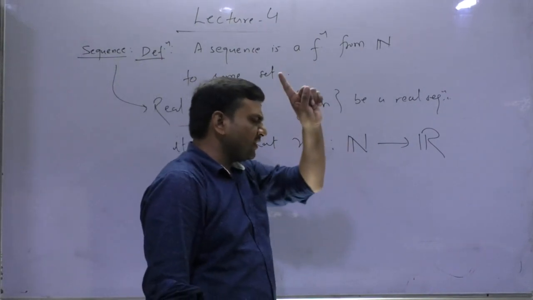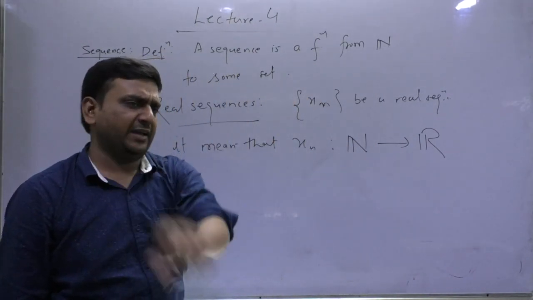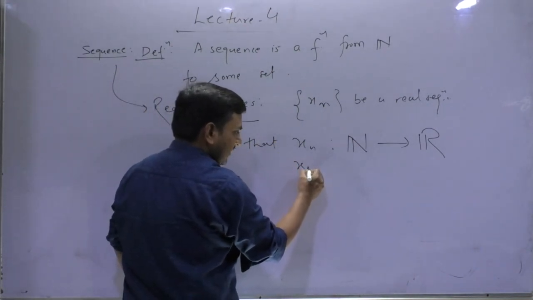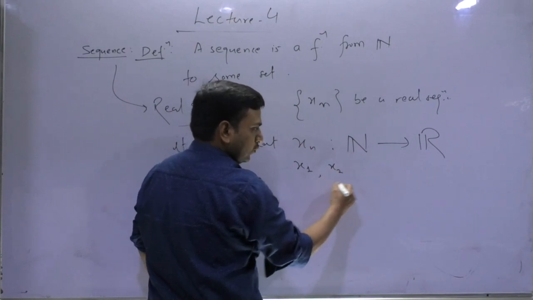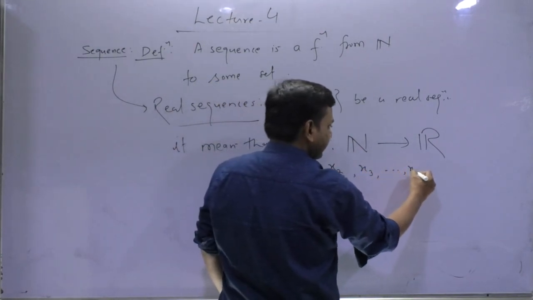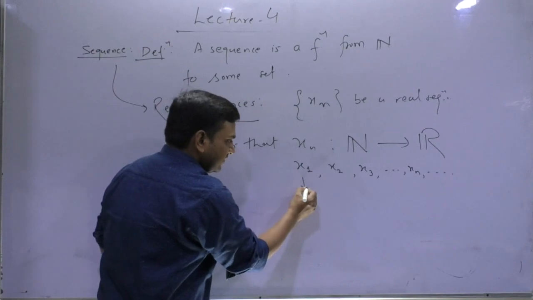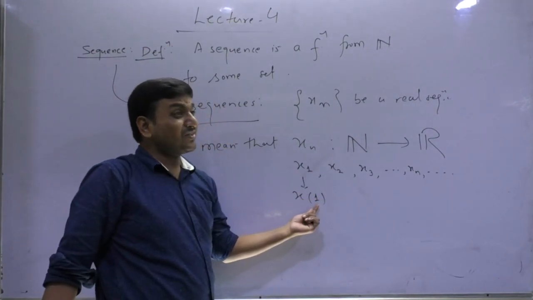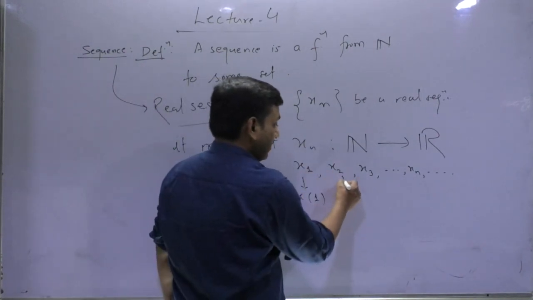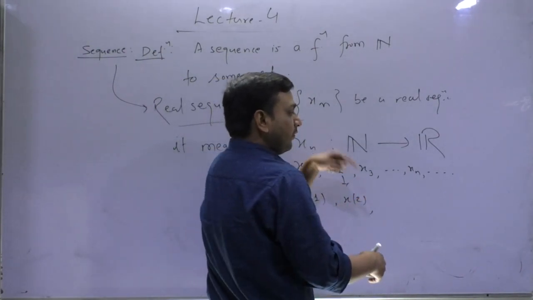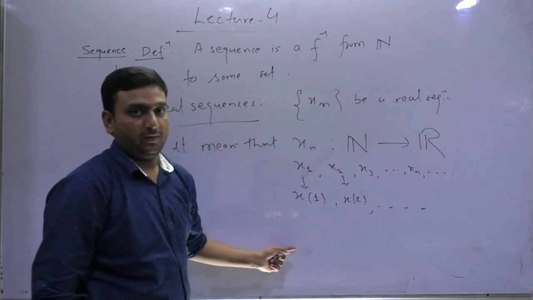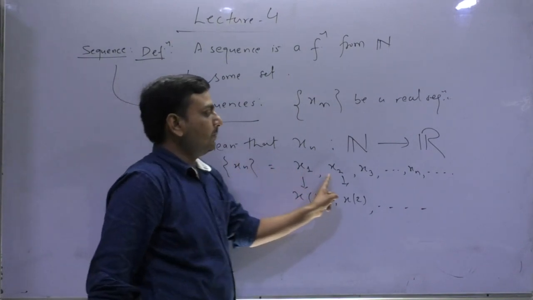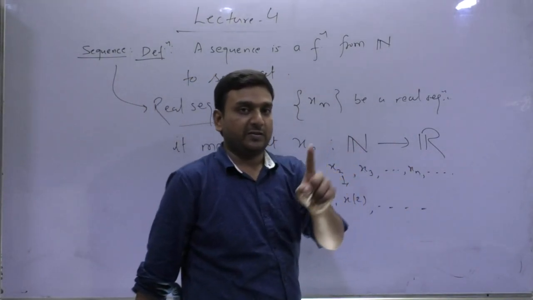So by fixing this domain, we mean that we have x1, x2, x3, xn and so on. This x1 is just the image of 1, x2 the image of 2 and so on. So any sequence xn will be represented like this.